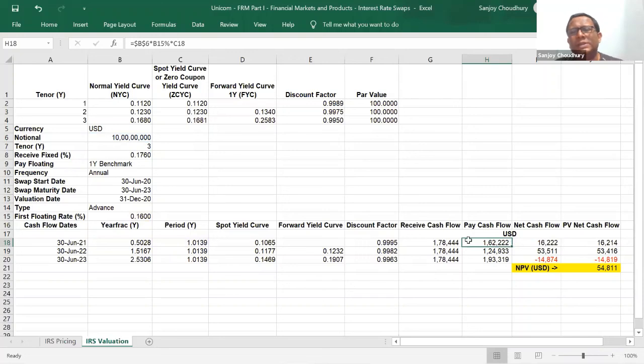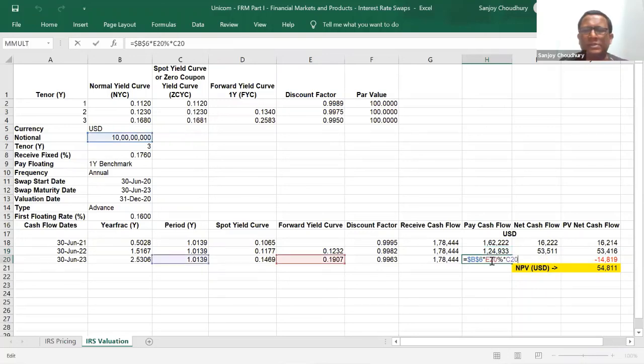Subsequently, the cash flows will be based on the forward yield curves computed: the rate of interest applicable from 30th June 2021 to 30th June 2022, and this rate, which is 0.1907, applicable from 30th June 2022 to 30th June 2023. Based on these yield rates, we are calculating the pay cash flows, which are 124,993 and 193,319.